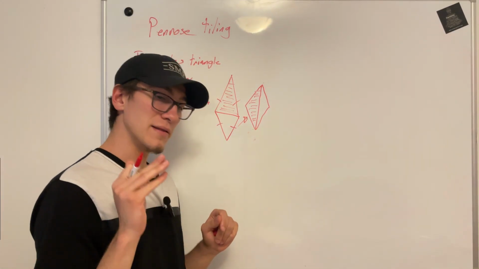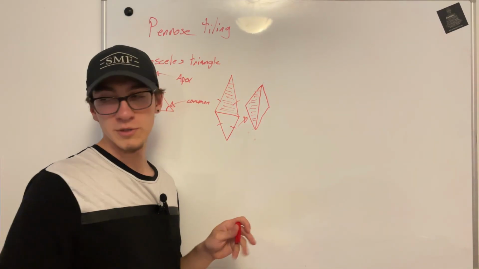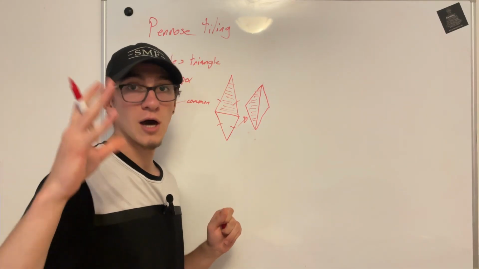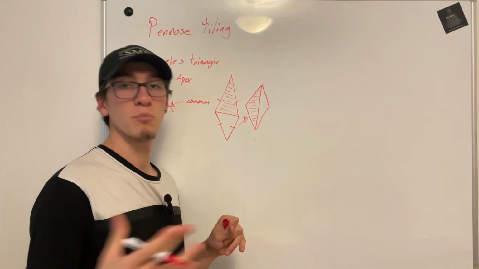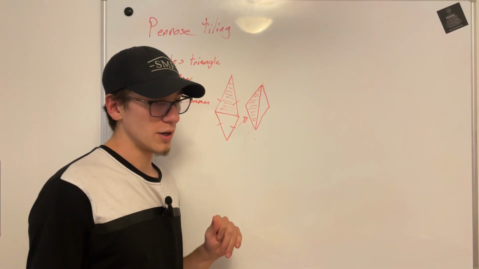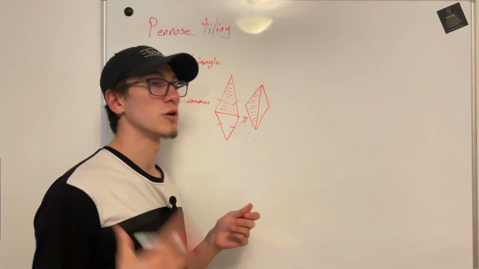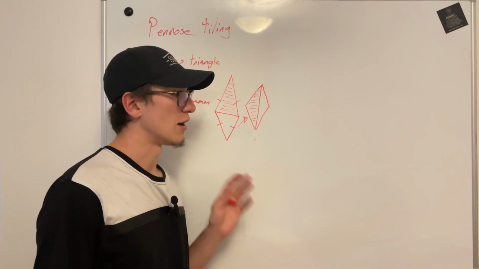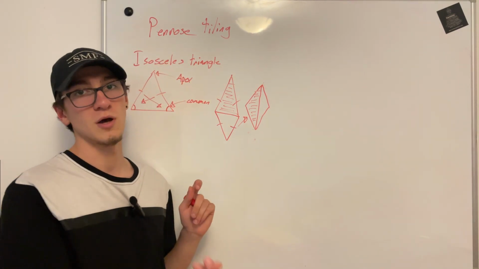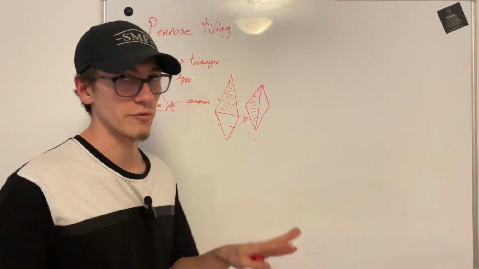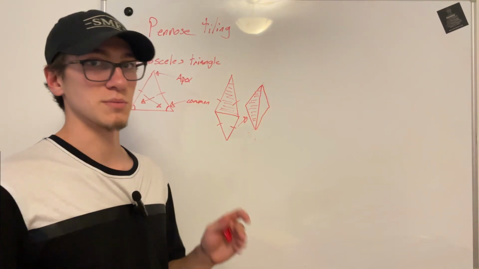They need to be specific angles. I'll be sharing that later on, but for us to understand the concepts of the Penrose tiling, it doesn't really matter right now. We'll get the basic principle there.